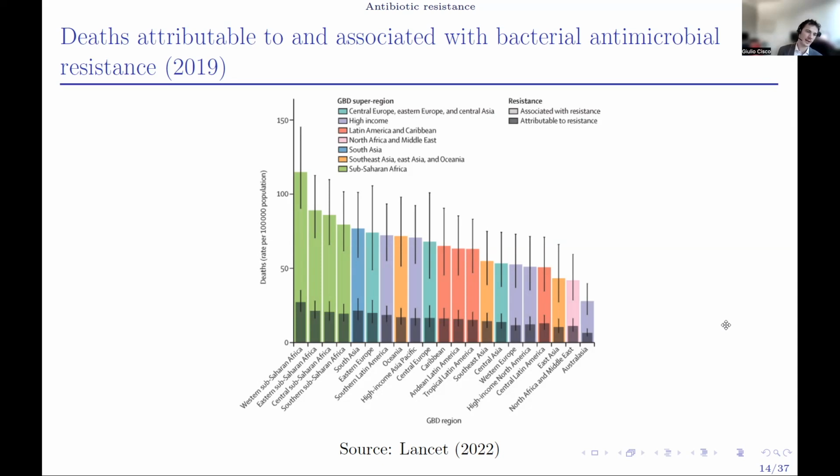For example, in some sub-Saharan African countries, this problem is much bigger because they still have problems with some particular diseases and infections, so they are using a lot of antibiotics there, and that of course contributes to the resistance.